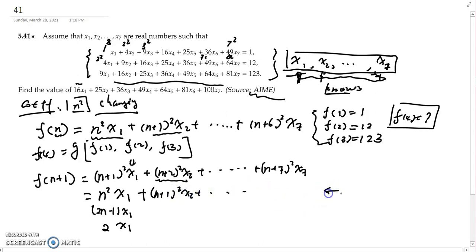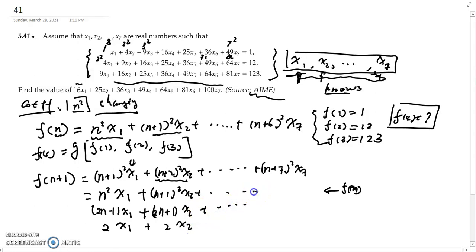So basically the first row is fn. We want to get fn, getting something we already know. So that's why we do this: 2n plus 1 times x2, plus 2x2.